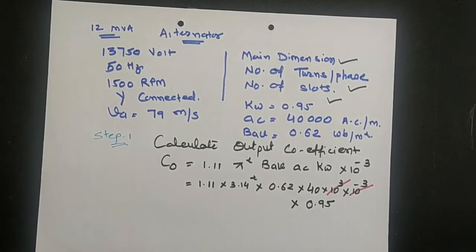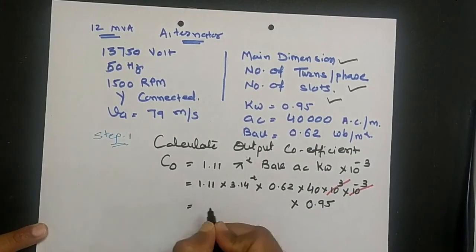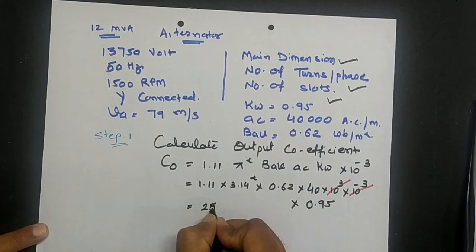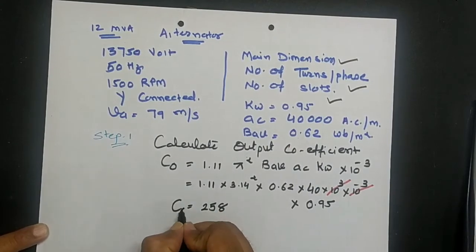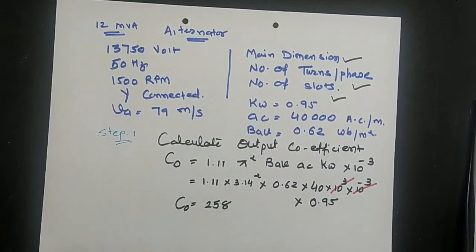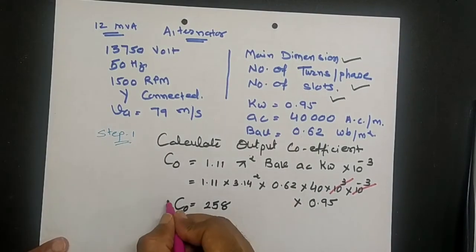It comes to 257.84, so we can consider 258. So CO is 258.